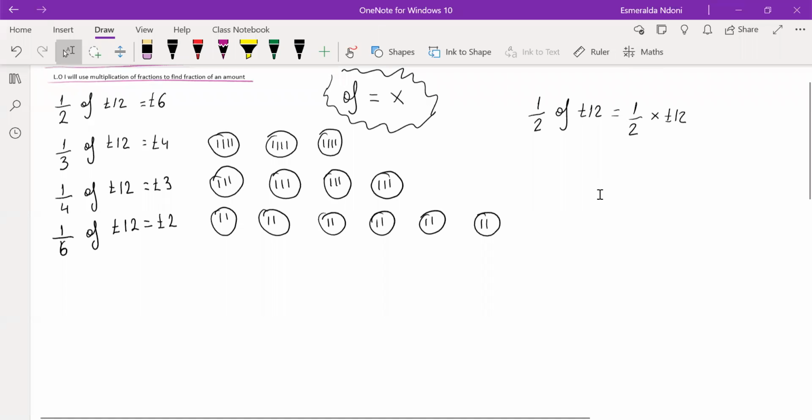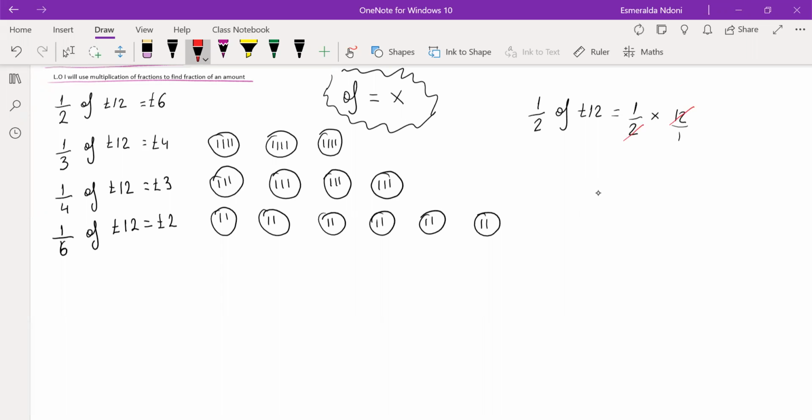Now that you have copied, we can work this question out using multiplications of fractions. A half times 12 is the same as a half times 12 over 1. We said we're going to write the number over 1 to make it easy for ourselves. Now we're going to see if we can simplify. Remember, make your life simple, simplify first. So 2 and 12 can be simplified.